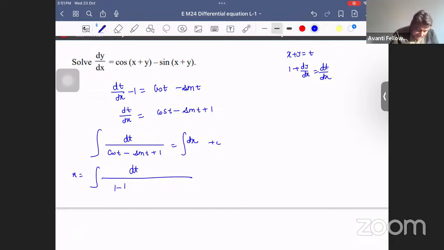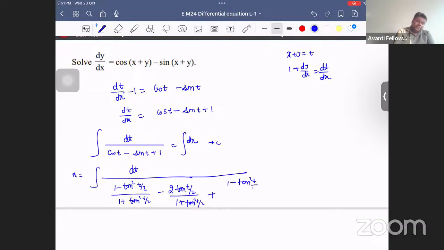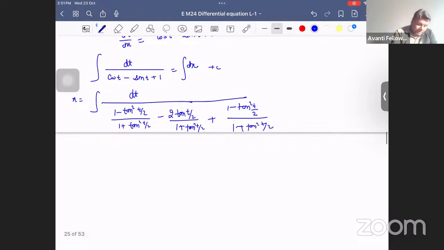So it is 1 minus tan square t by 2 upon 1 plus tan square t by 2 minus 2 tan t by 2 upon 1 plus tan square t by 2 plus 1 minus tan square t by 2 upon 1 plus tan square t by 2. Correct? So now 1 plus tan square t by 2 will go upside. It will be 1 plus because 1 was there. So after taking LCM, it will be secant square t by 2 dt upon 2 minus 2t.